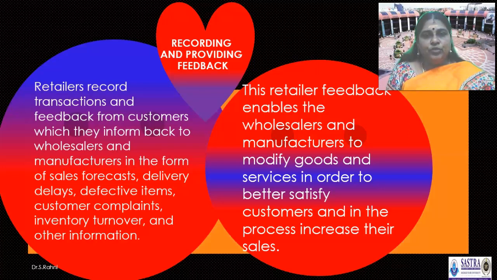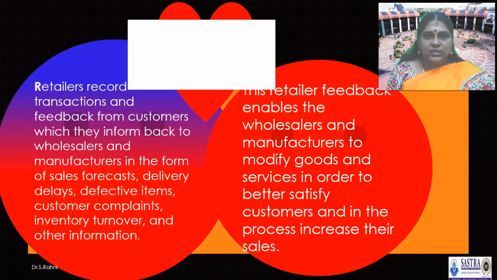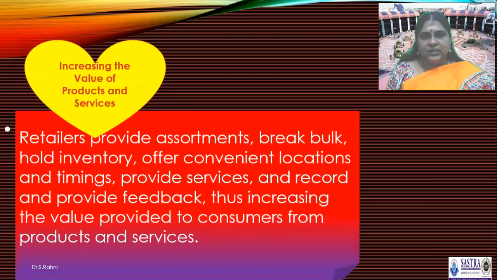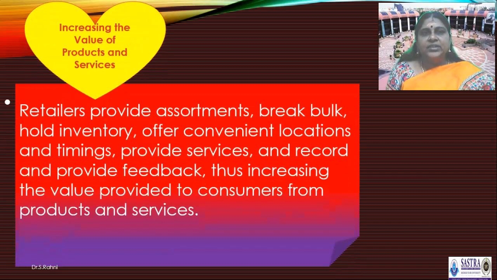That will help for their future endeavors, so that future supply will not be disturbed by any of the factors. The next point is increasing the value of products and services. How can they increase the value of the products and services with the help of retail outlets? Retailers provide assortments, break bulk, hold inventory, offer convenient locations and timings, provide services and record feedback.